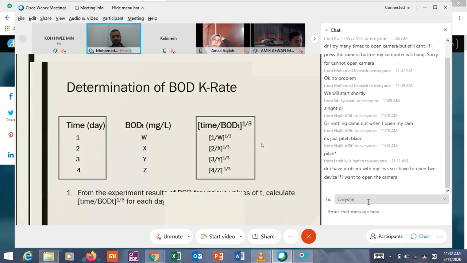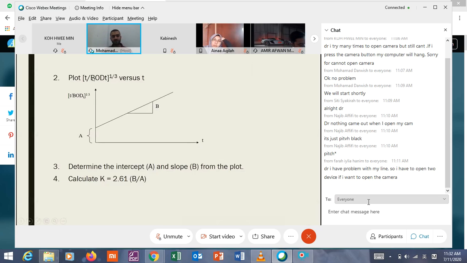So after that, we plot a curve, which is this term, T over BOD to the power 1 over 3 on the y-axis, and on the x-axis we plot T. So after that, we will get the best trend line, and then we can calculate the B, which is the slope, and the intercept A. This is simple mathematics. So we calculate K.